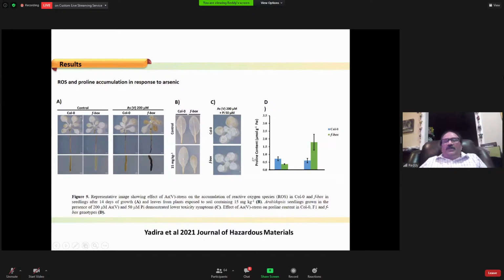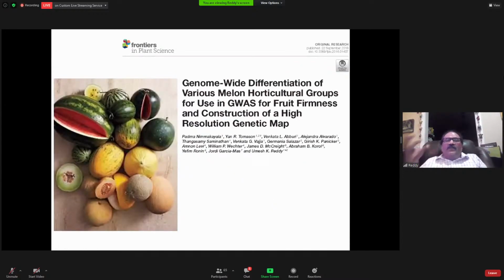And the proline content is higher in the mutant, indicating it has a lot of reactive oxygen species. This proline accumulation is another mechanism to mitigate that. So identifying genes for heavy metals and then manipulating them in croplands is possible to produce safer vegetables, so that there won't be heavy metals in the fruits, and they will also produce higher yields.